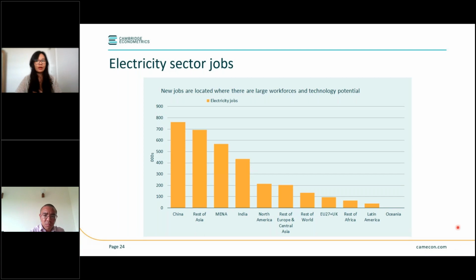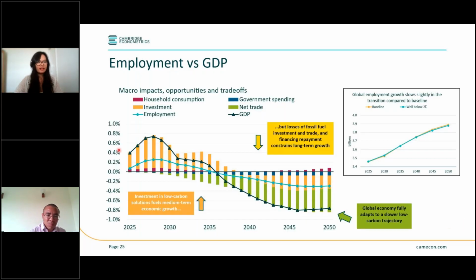Now we have two drivers of the results, so it's getting a little bit more complex than it was before, but it's still manageable. If we start putting the fossil fuel jobs results and electricity jobs results together, bearing in mind they were moving in different directions, what we end up with is something similar to this blue line on this chart, which shows the impacts on total employment in the scenario in relative terms compared to the baseline.